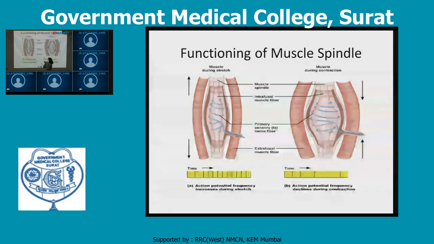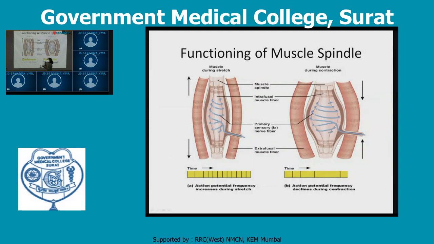And when the stretch is completed, the nuclear chain fibers also start firing, and that is known as the static response. Static response, when the muscle spindle has stretched, and dynamic response, when the muscle spindle is stretching.